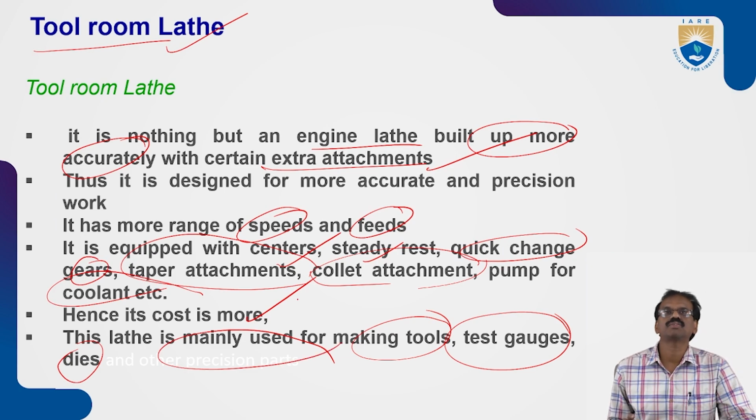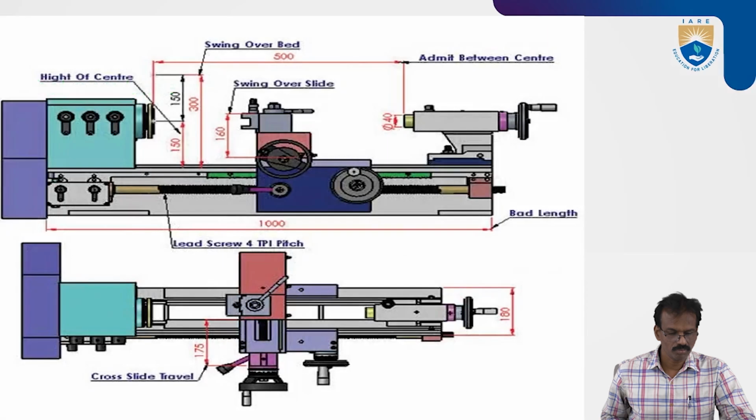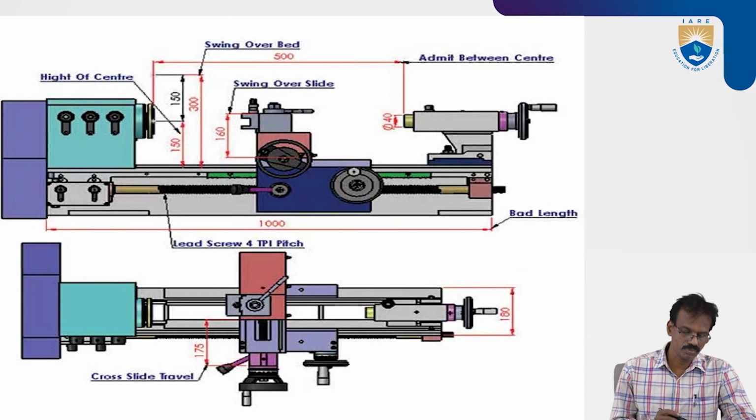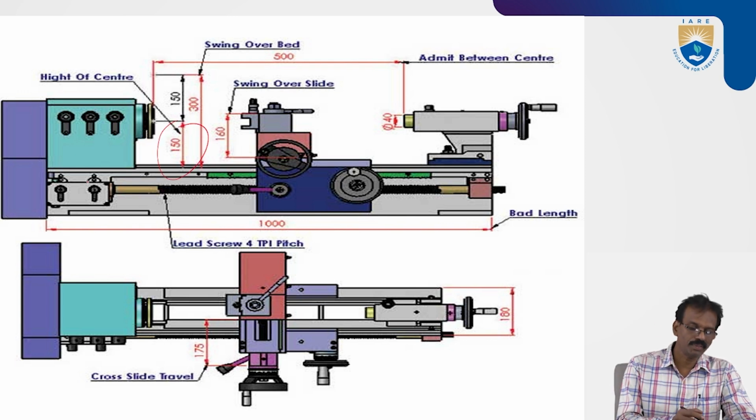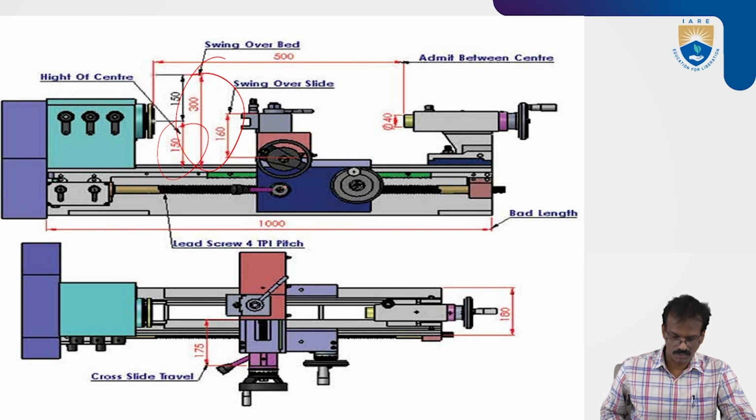This is a very important lathe machine. You can see different equipment attached to this one. This one is the specifications. You can see the height of the spindle, the height of the lathe. All these things you can see.